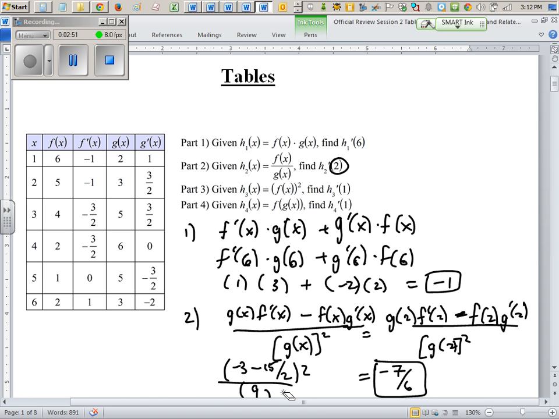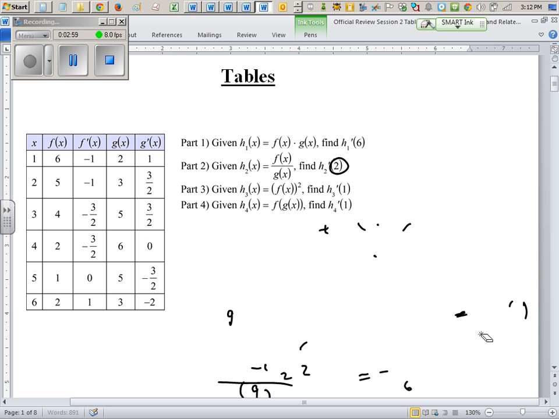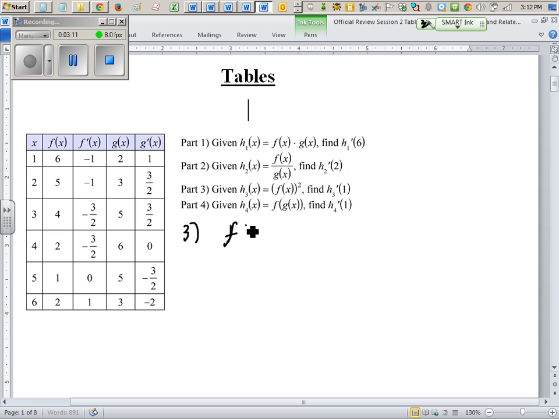Okay, let's look at parts 3 and 4. Okay, so this is like a chain rule sort of thing. So can you help me with the derivative of this one, Lauren? We have f of x, and it's squared, and we're ddxing it. So what is the procedure here?